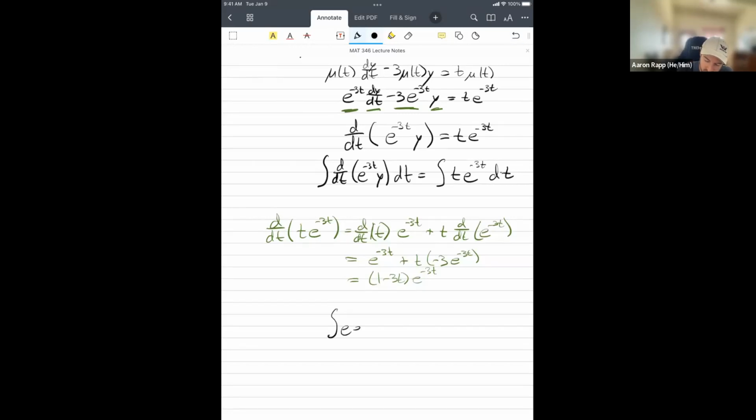The antiderivative of t e to the negative 3t, whoops, that's an e, would be t times y times e to the negative 3t plus an integrating constant c, since the variable I'm integrating with respect to is y in that case. So yeah, I love and hate that. I hate that I made that mistake, but I love that you said the right answer to it.